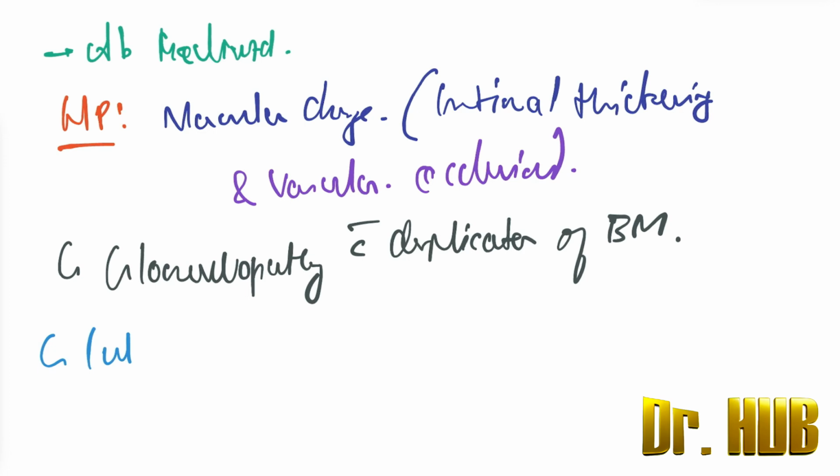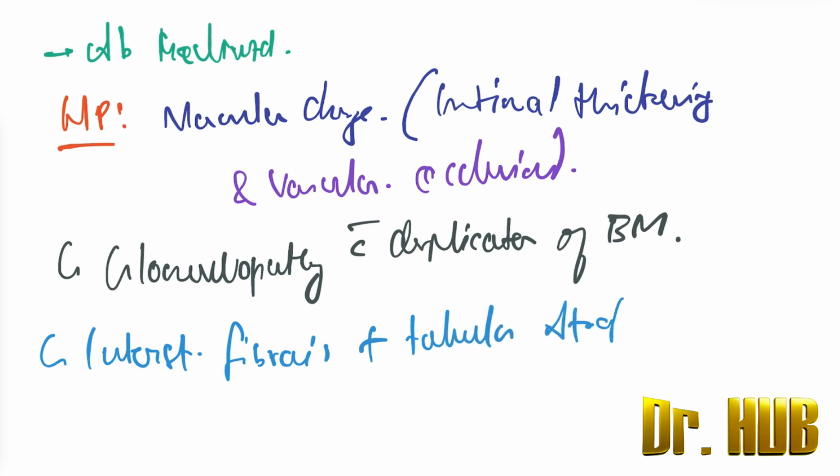Next, it includes interstitial fibrosis as well as tubular atrophy, and this is with the loss of the renal parenchyma.